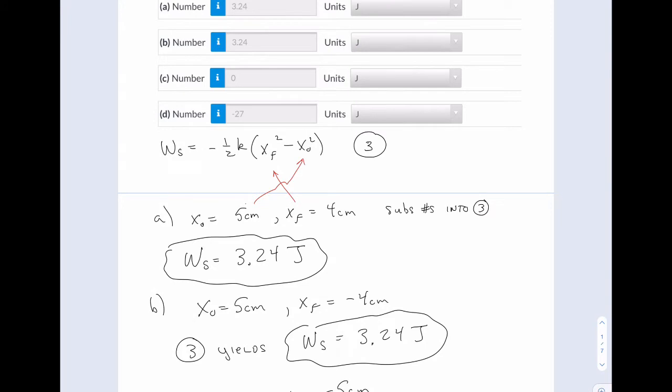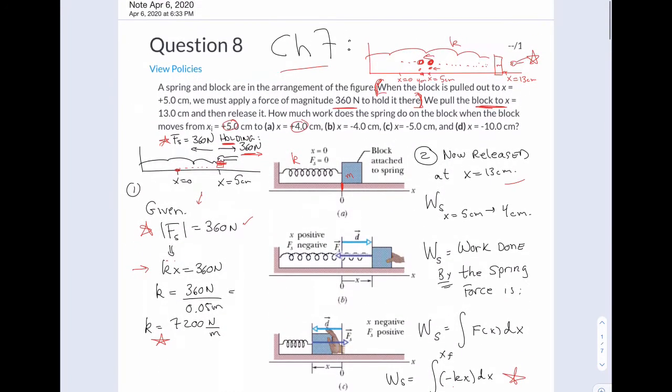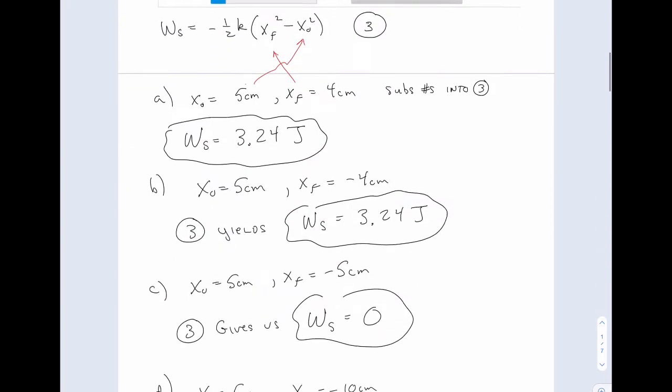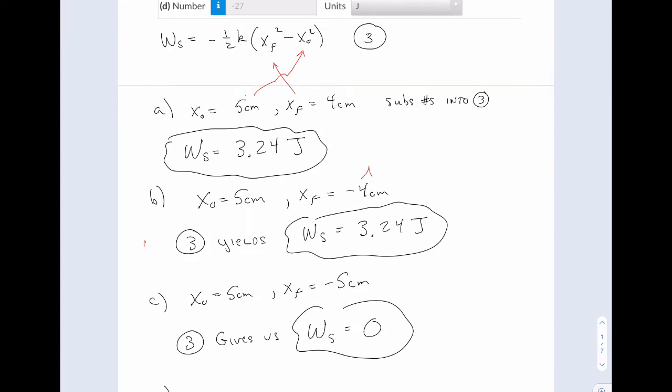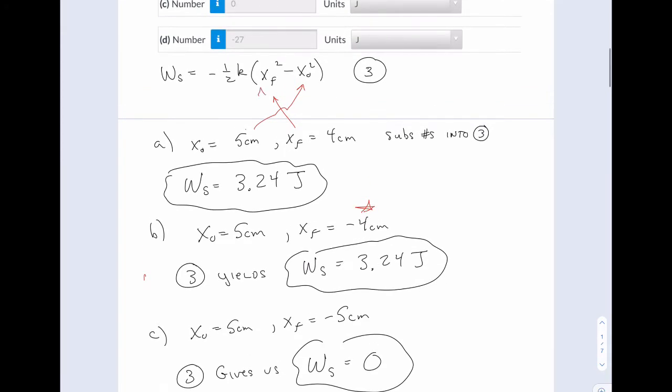Part B, they want the work done as it goes from 5 to minus 4. In the picture, that would be from 5 somewhere out here to minus 4. So for part B, my x final is minus 4, and my x initial is still 5. I put that in, and that gives me the work done by the spring.